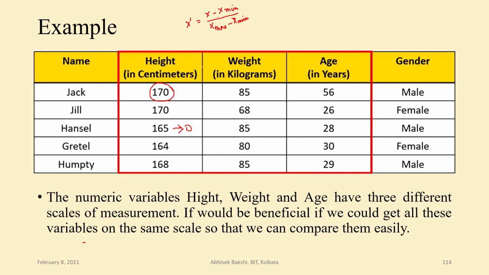Here x min is 165 because this is the minimum one, and I'm trying to scale this one. So x minus x min, that means x min minus x min, will become 0.